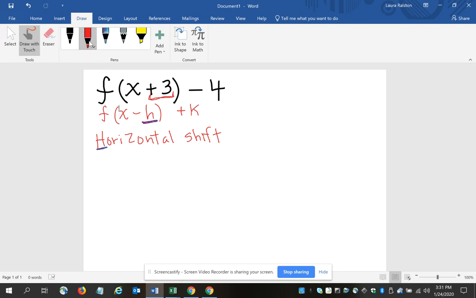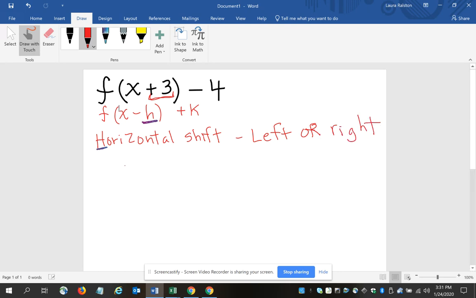And so then I need to think about it. Is it going to be left or right? Because the horizontal shift is where I'm going to go either left or right.